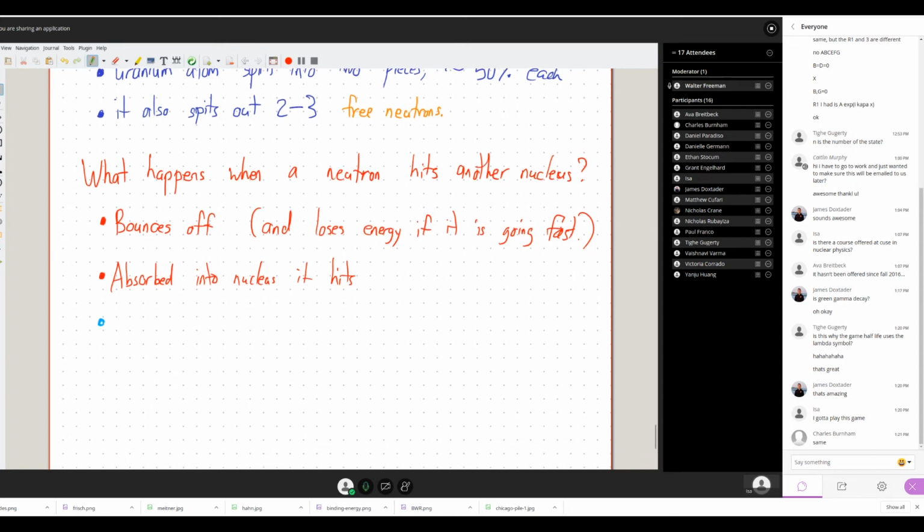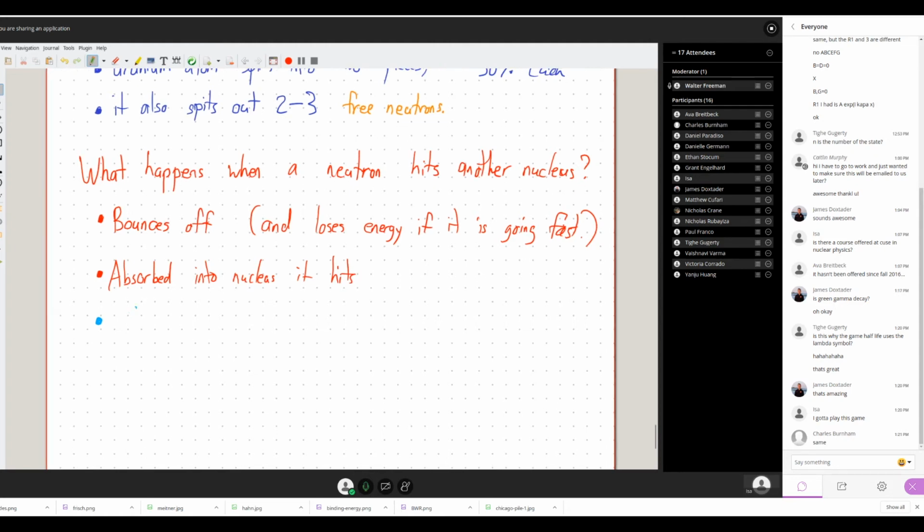But this third bullet point is the one that changed history. For very special nuclei, they induce fission.